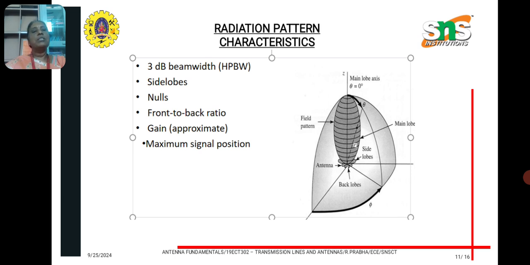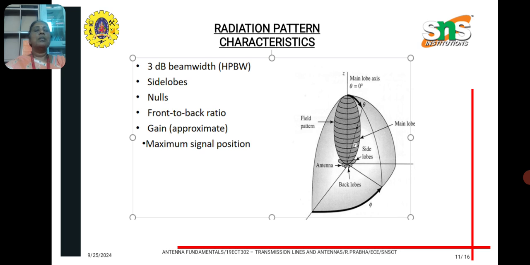The main lobe is the maximum radiation lobe. Side lobes are the lobes in unwanted or undesired directions, and the region between the 3 dB points of a major lobe represents the beam width. It is called the 3 dB beam width, and if the beam width is measured between the two half power points of the major lobe, it is called the half power beam width.